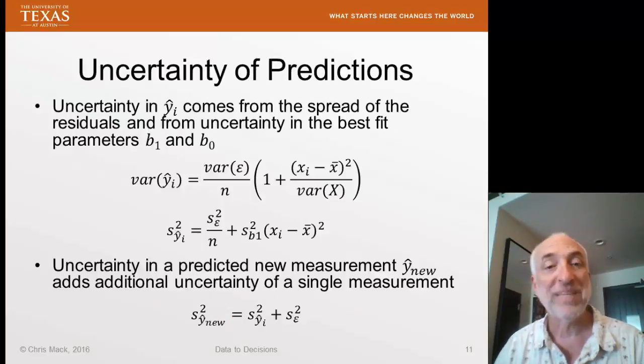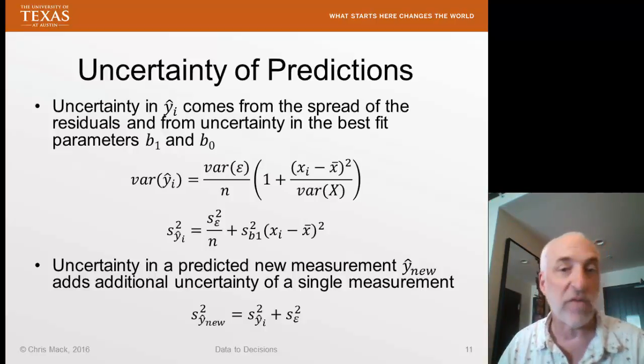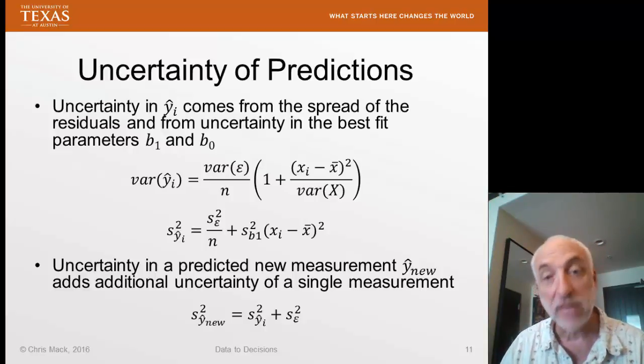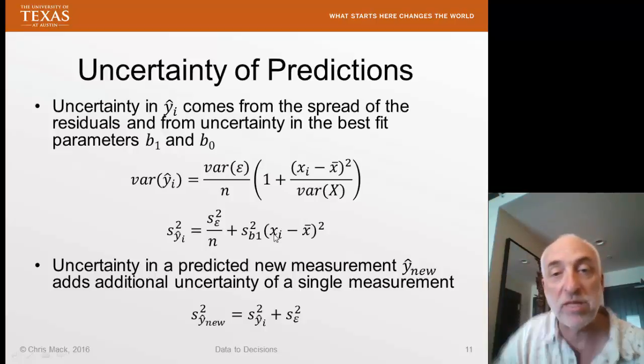We can also determine the uncertainty of a prediction. If we're going to use my model to predict some behavior, I'm going to have an uncertainty in that prediction. And that uncertainty in the prediction will depend on the xi value. Am I predicting out at the extremes or somewhere in the middle?